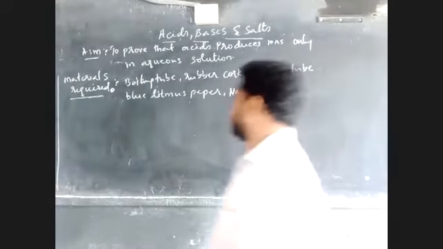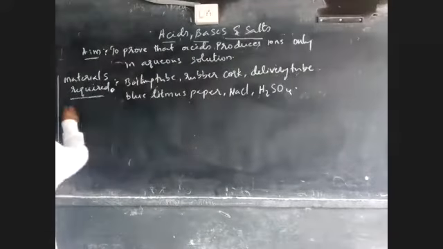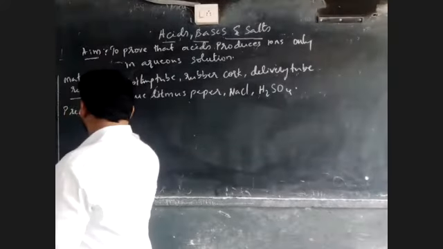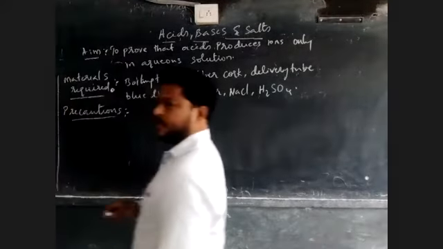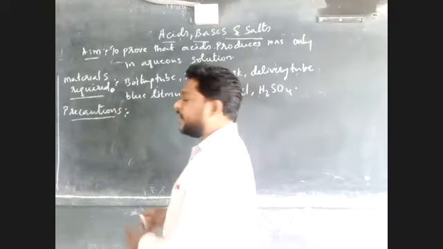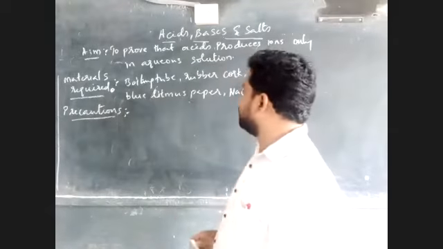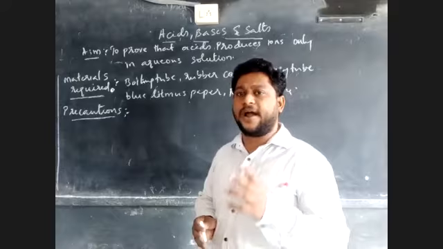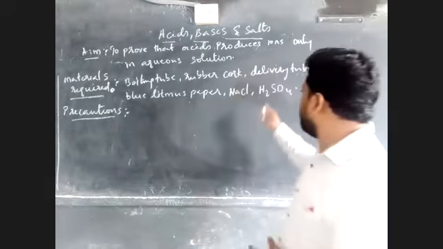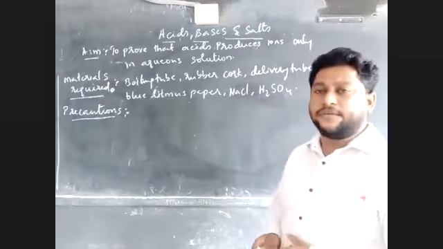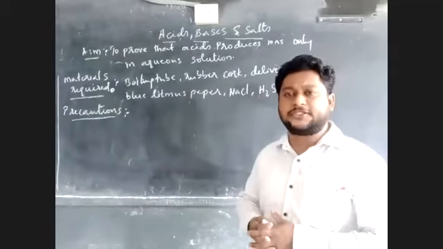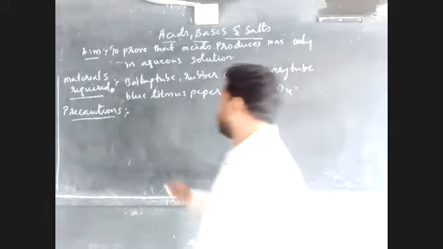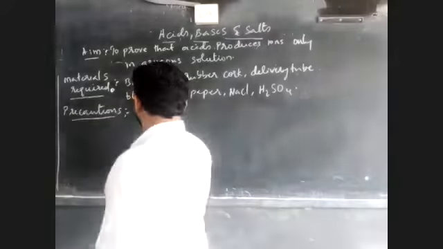Now precautions. What are the precautions here? You are using a boiling tube, a glassware, so we have to handle it carefully. And you are using sulfuric acid, which is highly acidic in nature, so we have to handle the acid carefully.